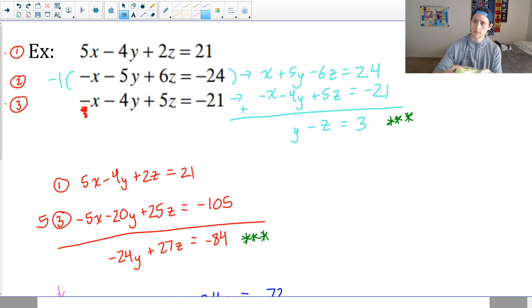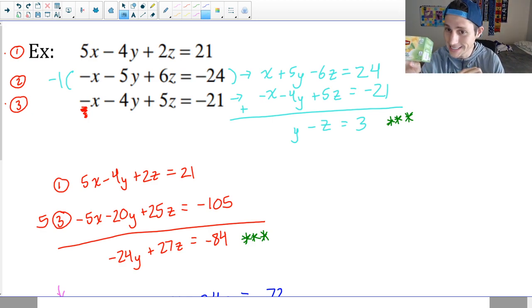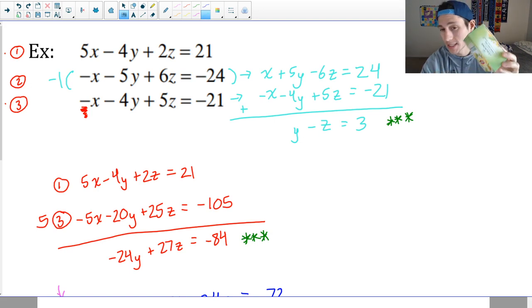Okay. We got that Lipton green tea decaffeinated honey lemon. And that wasn't enough, so I actually put some honey into it as well. It's good. It's good.